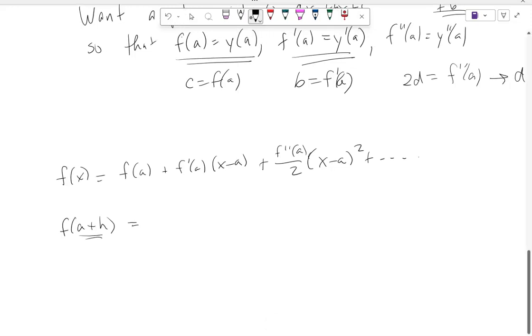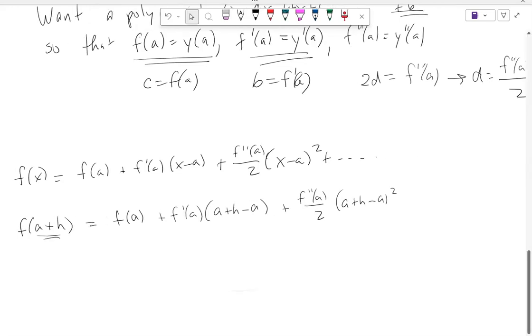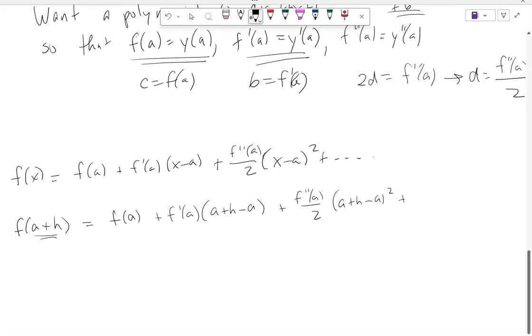So I'm going to get f of a plus f prime of a times, we'll write it as a plus h minus a. Leave it there. And then f double prime of a over 2 times a plus h minus a squared. I'll write out one more: a plus h minus a cubed, and so on down the line.